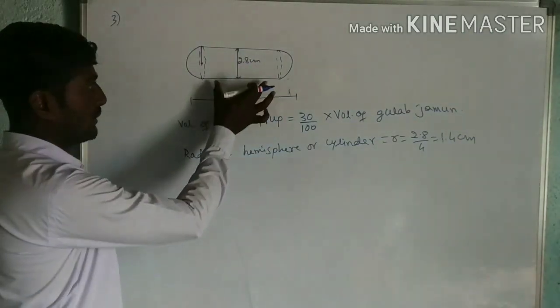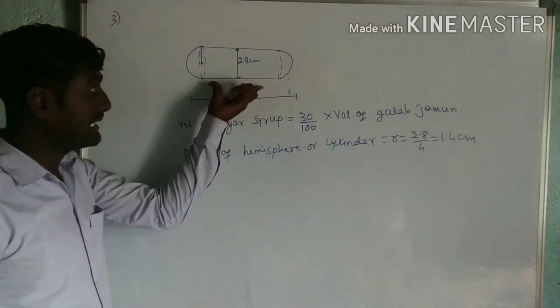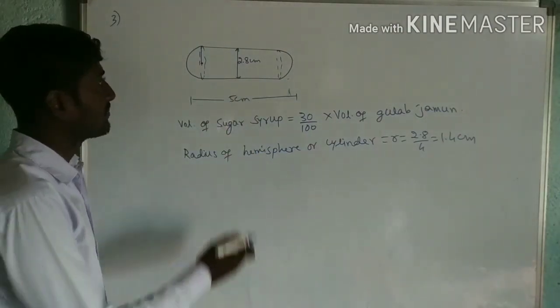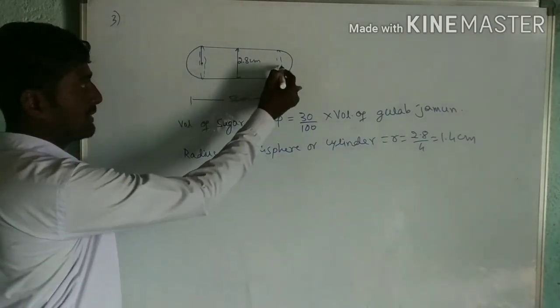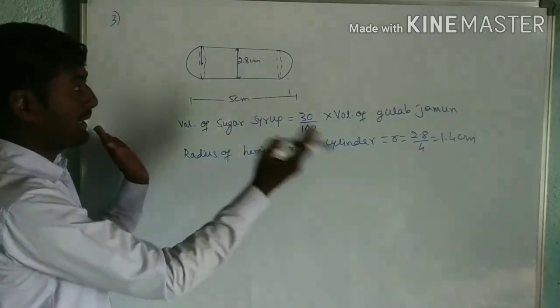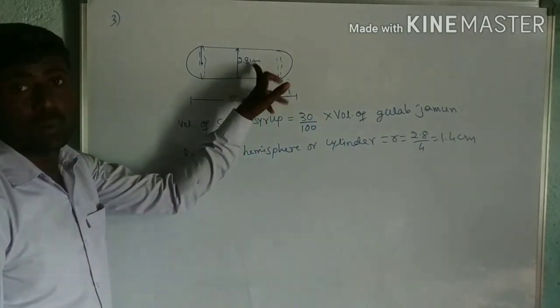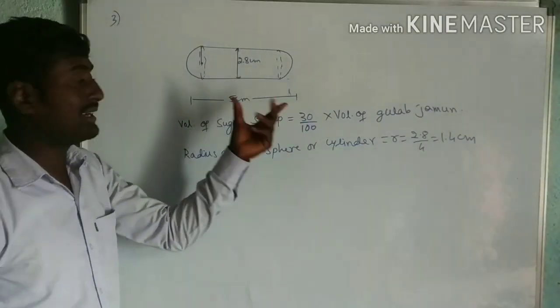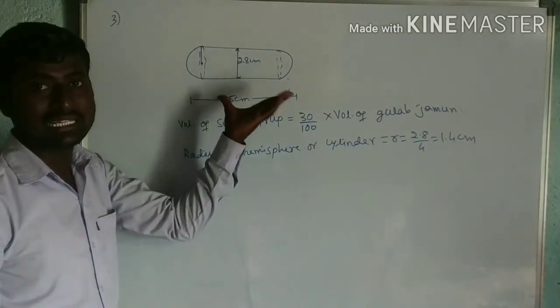Next, we find the height of the cylinder. Here 1.4 and here 1.4 means a total of 2.8 gets cancelled from the length. 5 minus 2.8 will give us the height of the cylinder.